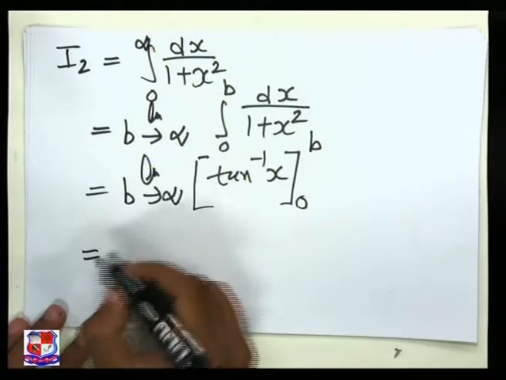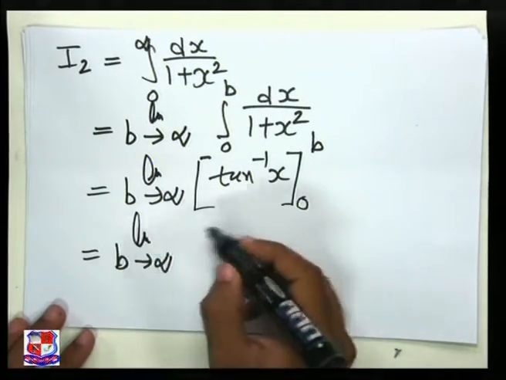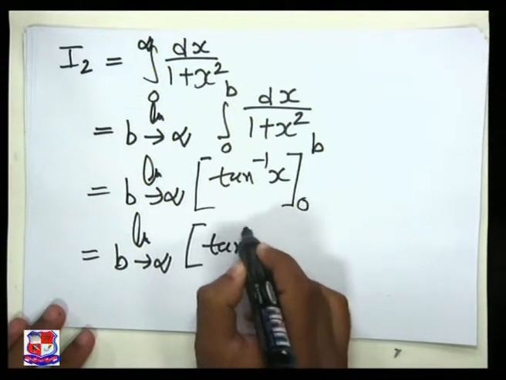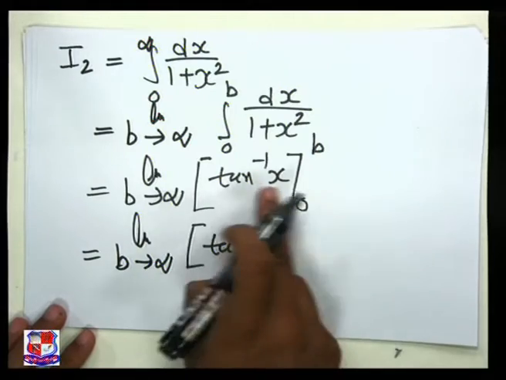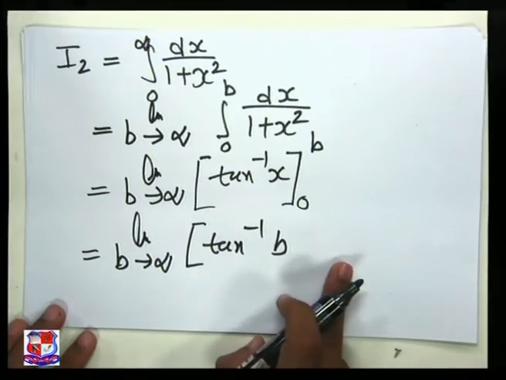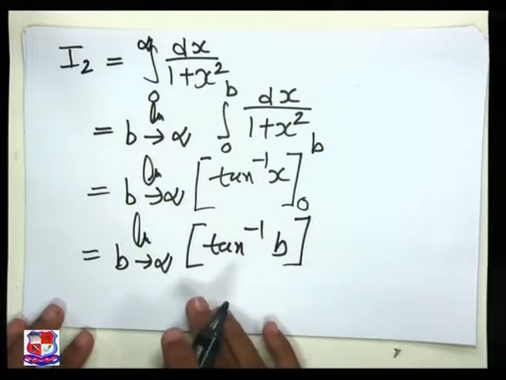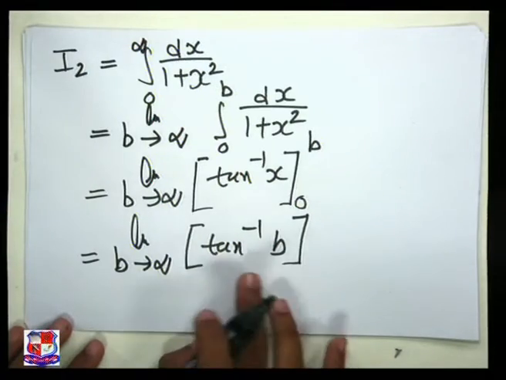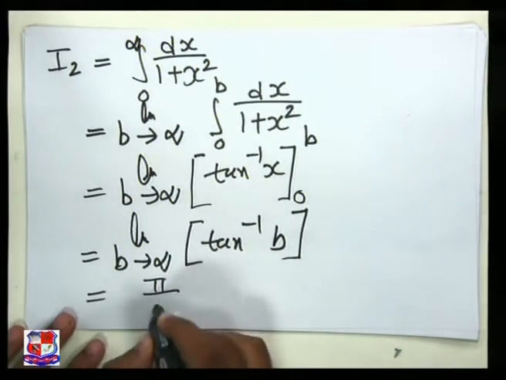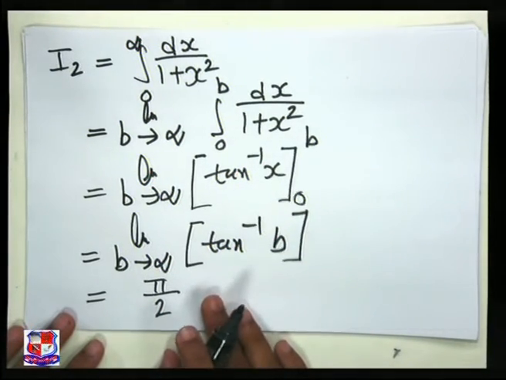Now this equals tan inverse b minus tan inverse 0, but we know that tan inverse 0 is 0, so we don't need to write it. So just tan inverse b, and now b tends to infinity. So that is equal to pi by 2. The value of tan is infinite when the angle is pi by 2. So the answer is pi by 2.